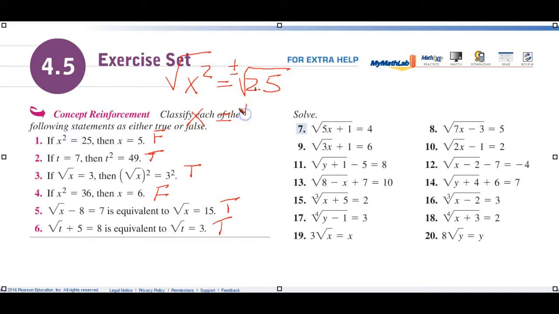So this gives you plus or minus 5. And that is true for number 4 as well. To make that true, it should have been plus or minus 6. All of the others are correct.